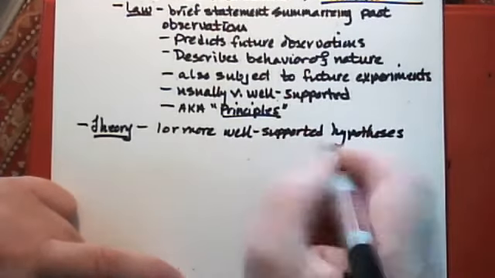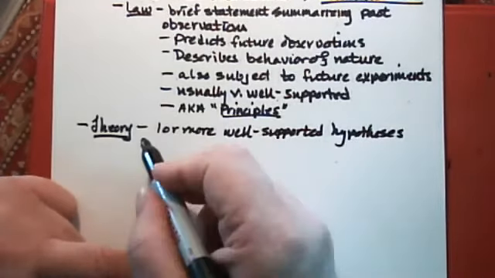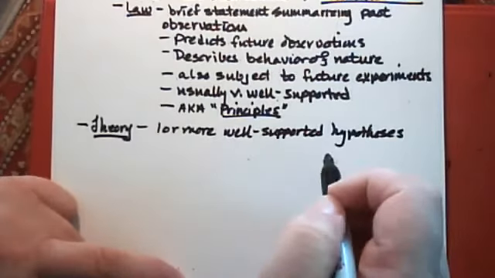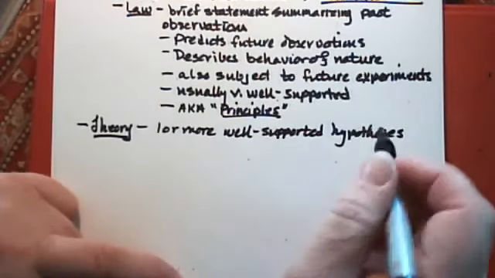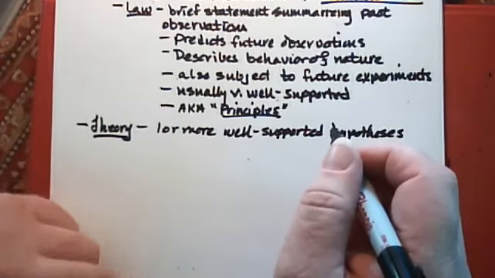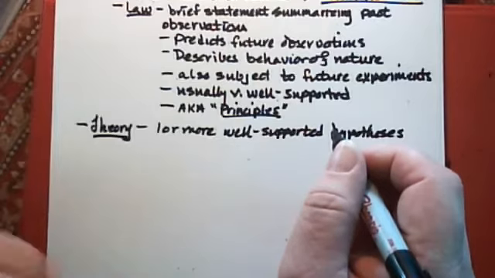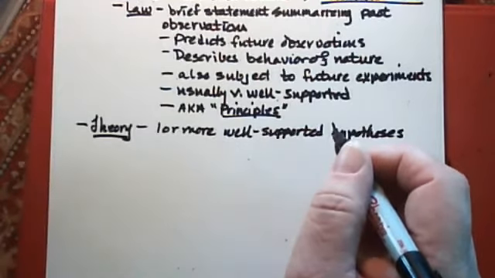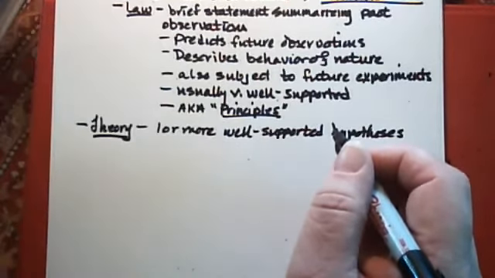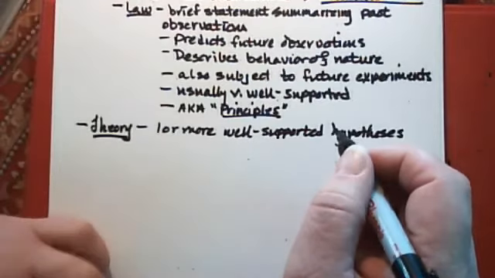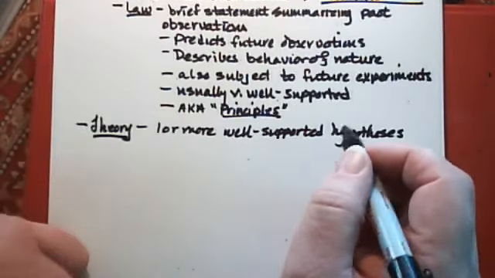The well-supported part is important because you don't really get to call it a theory in science until your hypothesis or hypotheses have been tested generally over and over again and found to be valid. Or, if found invalid, they can be modified into forms which are valid. And then you can actually call it a theory.